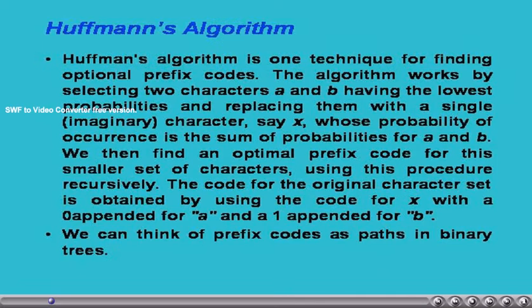The basic Huffman algorithm works as follows. First, it takes the two characters which have the lowest probabilities, and they are replaced with an imaginary character, say x, whose probability is the sum of the individual probabilities. This x and the remaining symbols are sorted again, and the least two of that list are taken and merged.